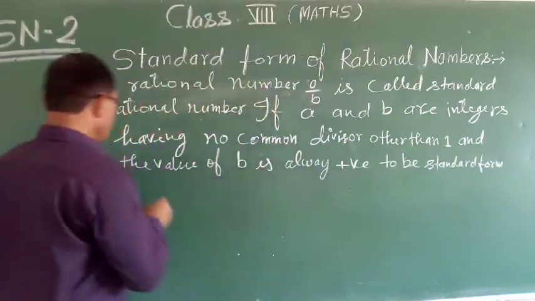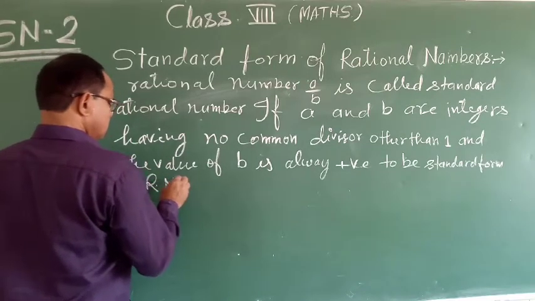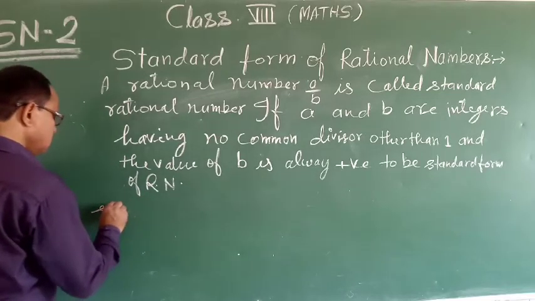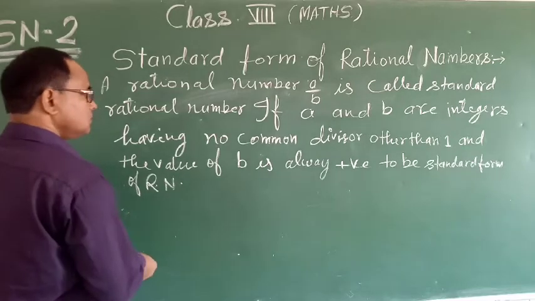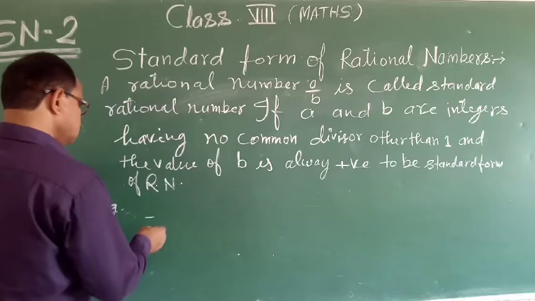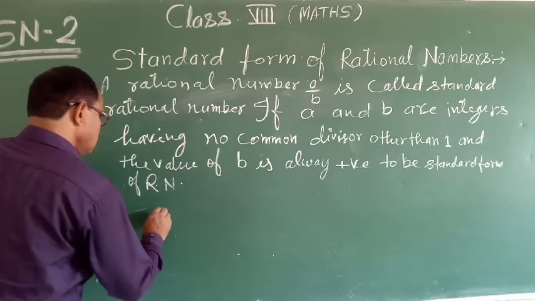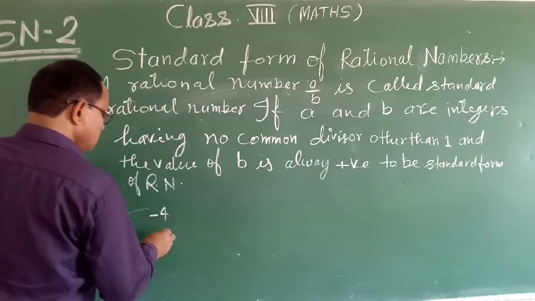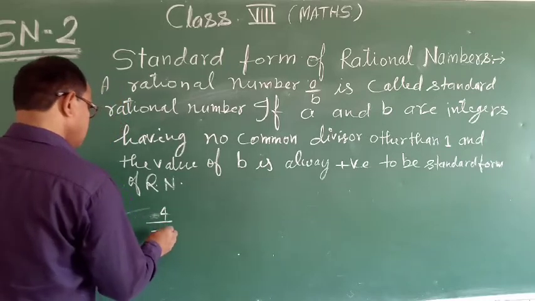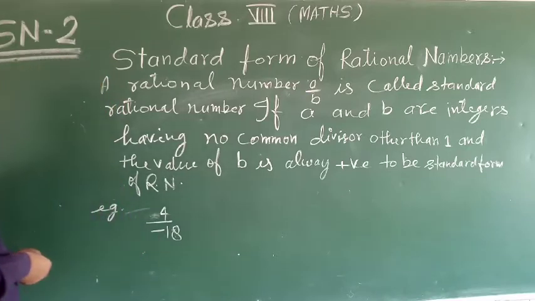Form of rational number. Example: minus 4/18.